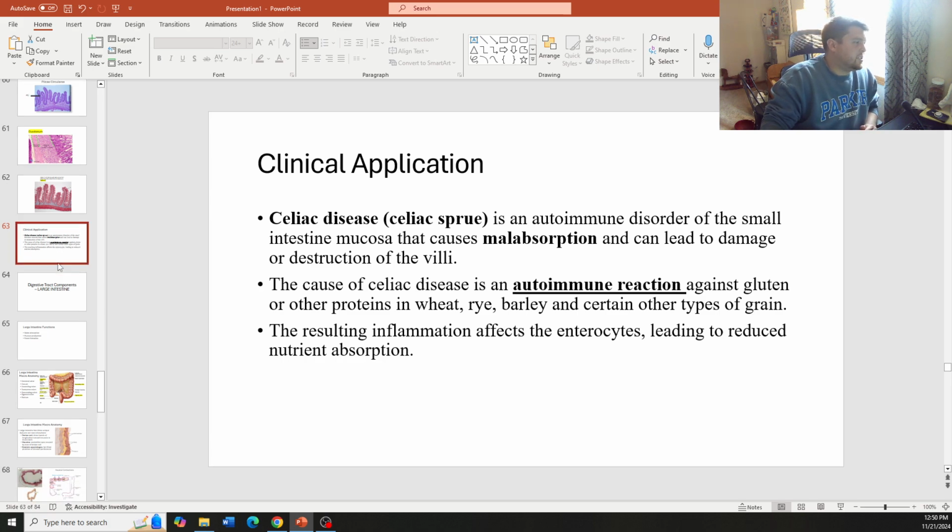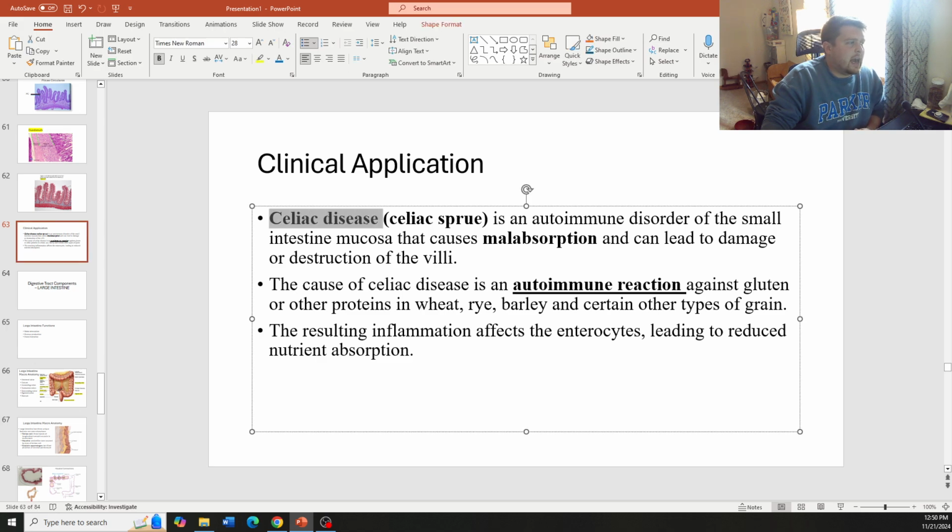Issues with the small intestine, we can get what's called celiac disease or celiac sprue. This is an autoimmune condition. Chances are you know somebody who has some form of celiac disease. This is specifically talking about gluten intolerance.